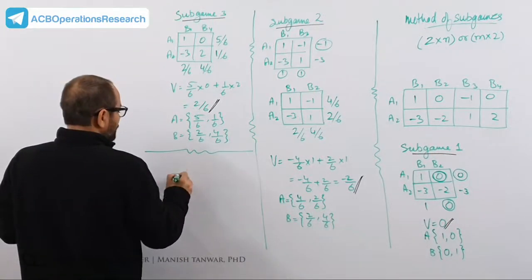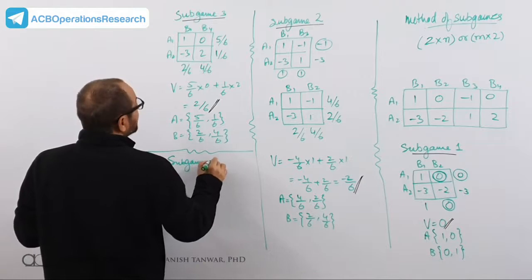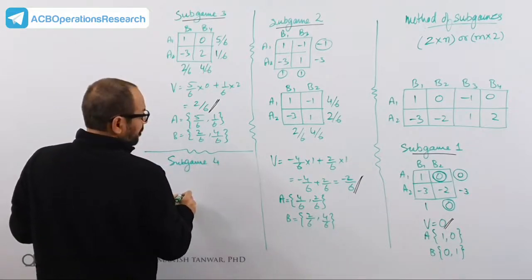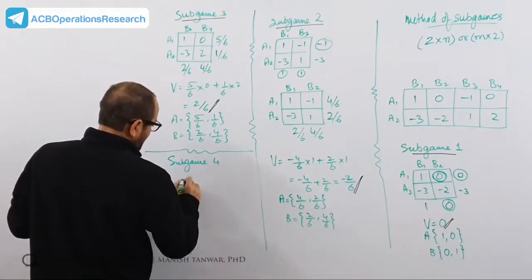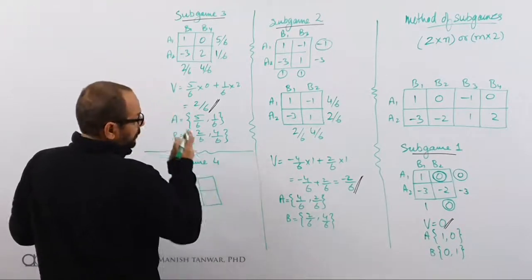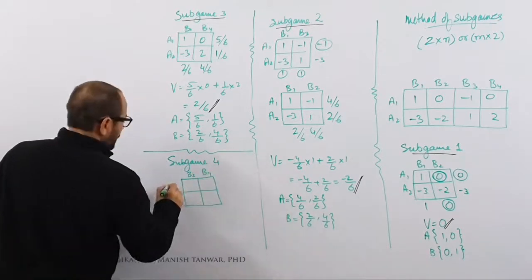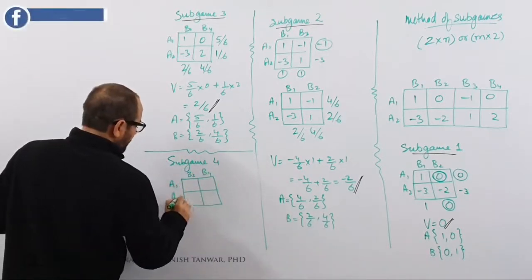So let us have a subgame 4 with B2 and B4. B2, B4, A1 and A2.